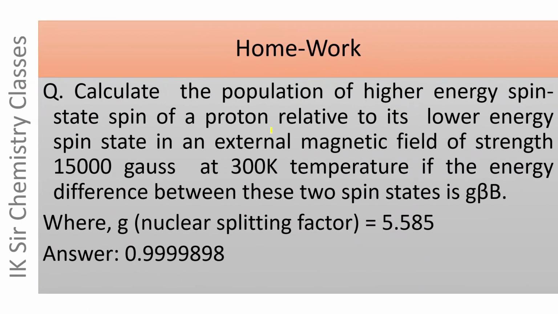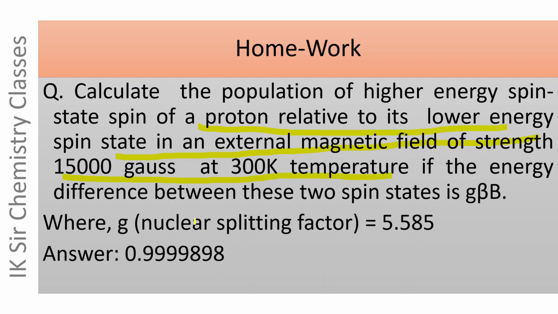There is time for another homework. Calculate the population of higher energy spin state of proton relative to its lower energy spin state in an external magnetic field strength of 15,000 Gauss at 300 Kelvin temperature.